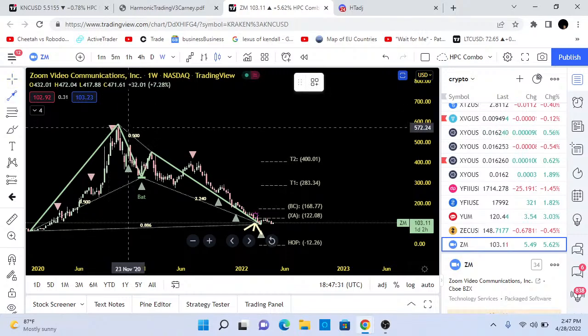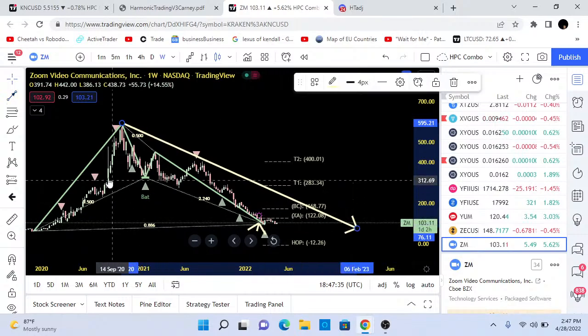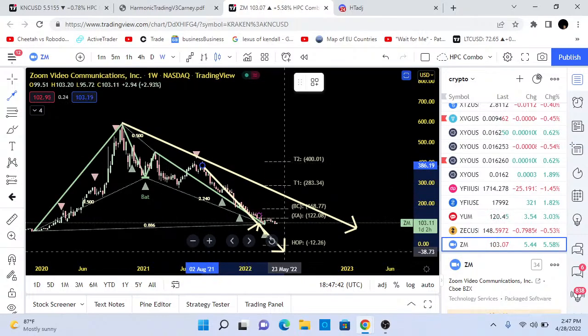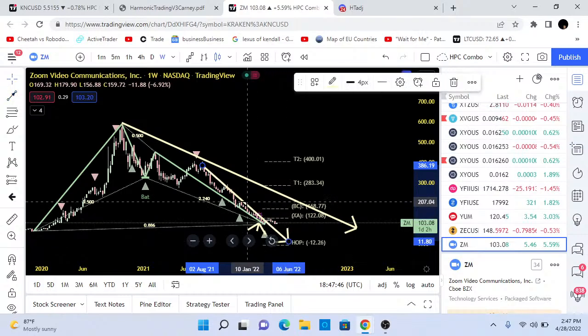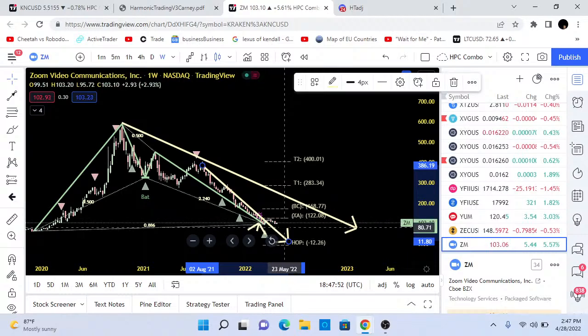Here's a couple other things that we look for, real easy, after terminal bar completion for Zoom or any of these that are shaping up like this. I want confirmation. I want to be right of the downtrend, which we just did a couple weeks ago. Now I want to look for the development to the right of that phase.